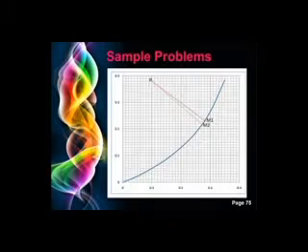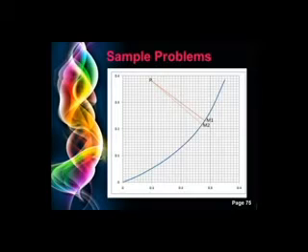Using the new slope, we again draw a line passing through point P with a slope of negative 1.163, and it intersects at YAI equal to 0.197 and XAI equal to 0.257.